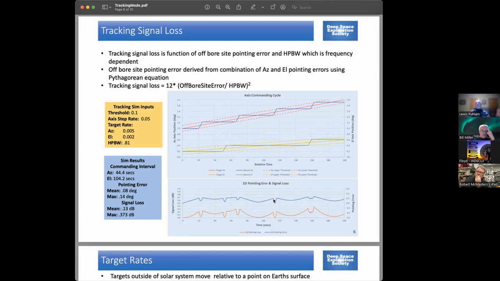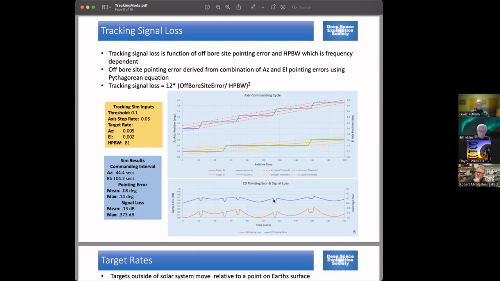If you rearrange that equation so that you state off-boresight error as a function of signal loss, then you say, okay, I can tolerate whatever signal loss, you plug it into that equation, and it tells you what off-boresight error you would need to reach that. I haven't shown that, but that's how you would do it. It's a pretty straightforward equation.